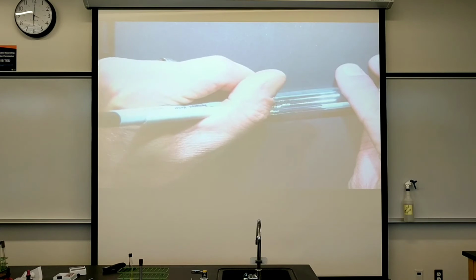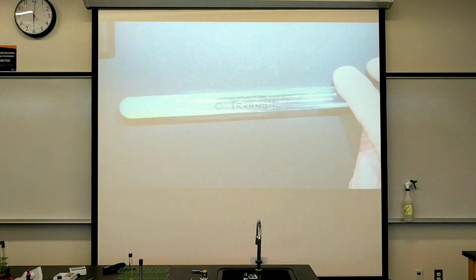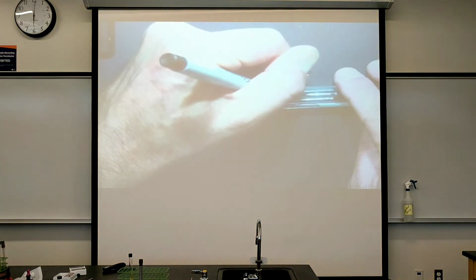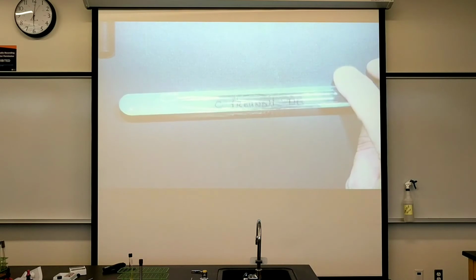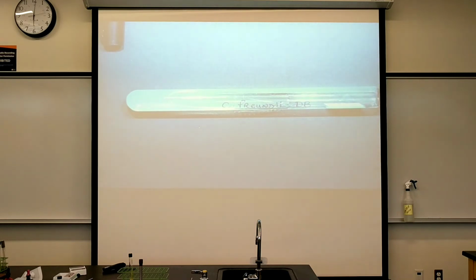You could even make it simpler for yourselves and put C. freundii or just CF, and then your initials. So we'll put my initials, D for Derek, B for Boyer. All right, and that's about as much information as we need on here. You could also write the date if you like. I'm going to leave it simply like that for now.